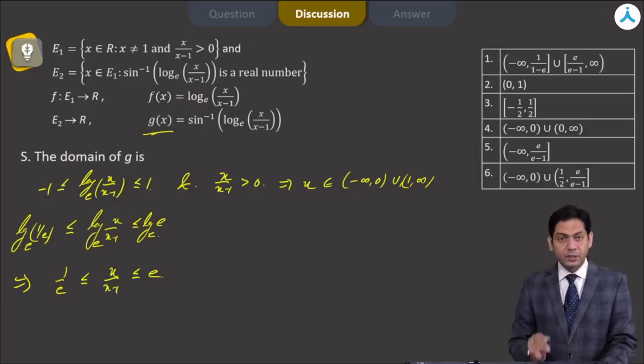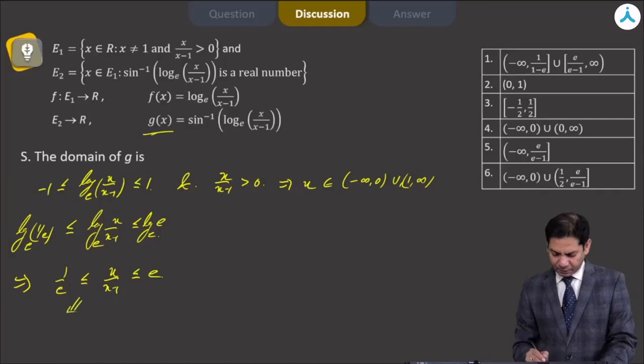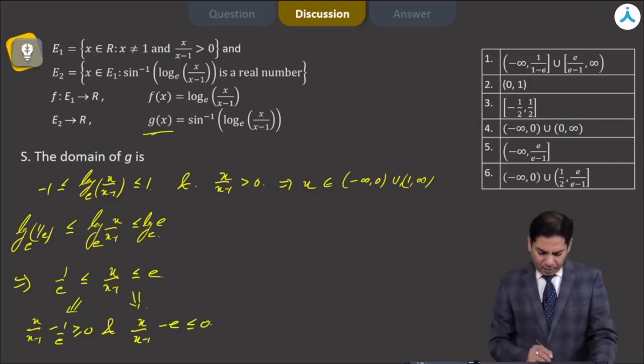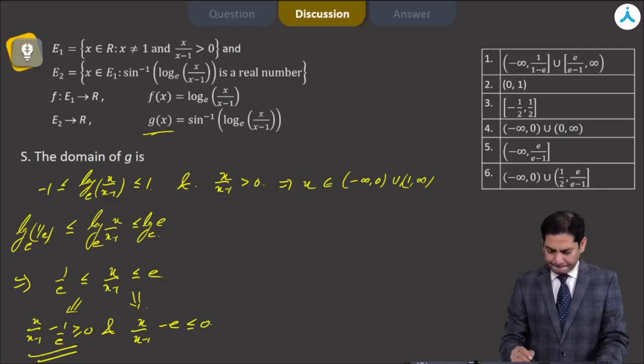Now this will give us two sets of inequalities. One, x upon x minus 1 minus 1 upon e greater than or equal to 0, and this part will give us x upon x minus 1 minus e less than or equal to 0. Let's solve the first one.